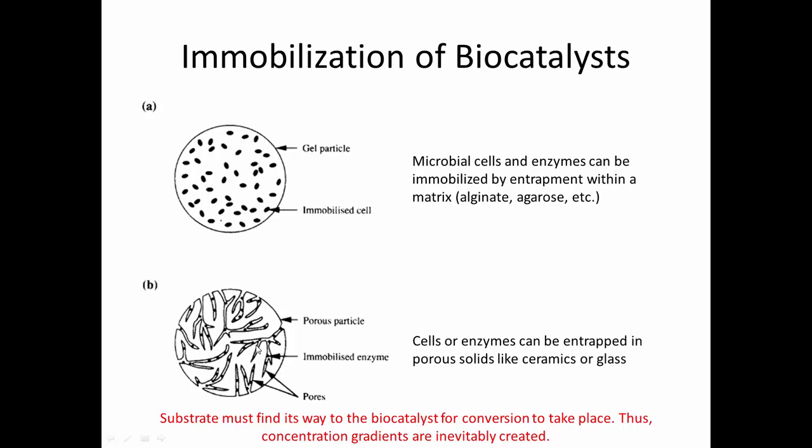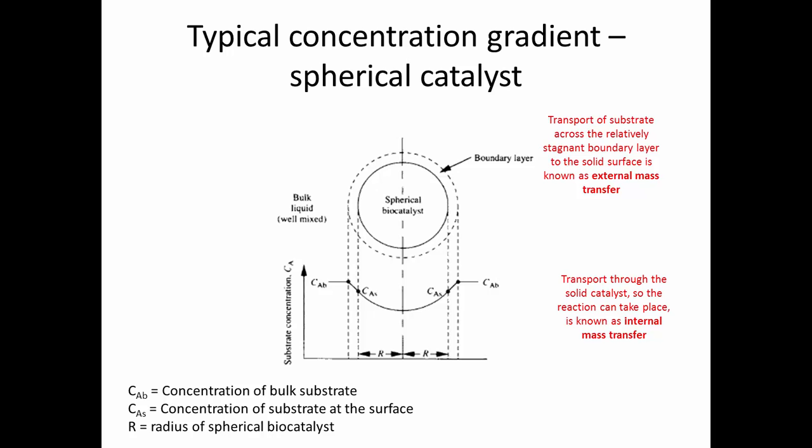They have a lot of surface area in the interior, and you can trap a lot of enzymes and or cells in there and immobilize them in that way. But with either of these things, substrate must find its way to the biocatalyst for the conversion to take place. Thus, the concentration gradient that we spoke of when we first started is going to inevitably be created here.